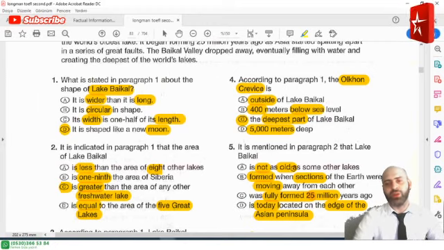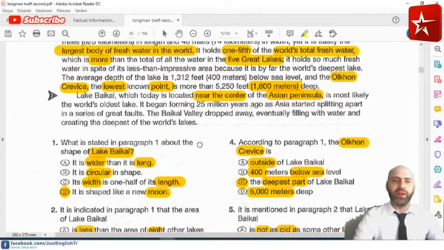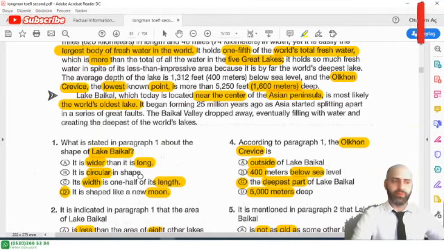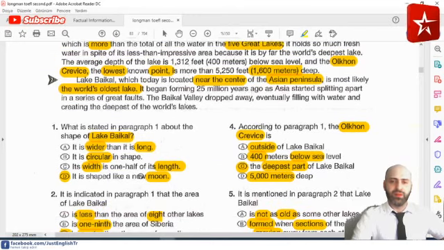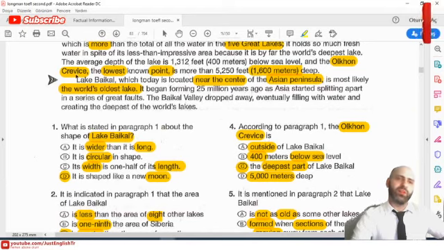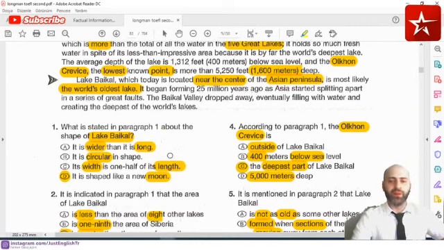Not as old as other lakes, and here it says the world's oldest lake. Do you think A is the correct answer? Yes, Hilal and Soydan, this is not correct.